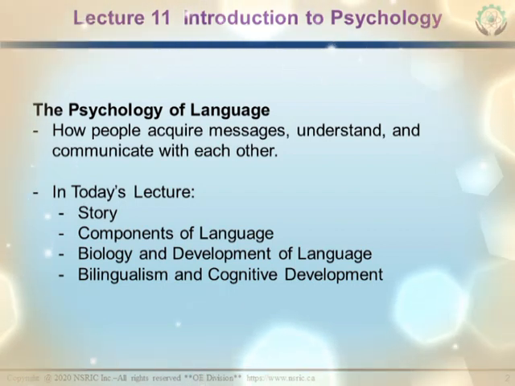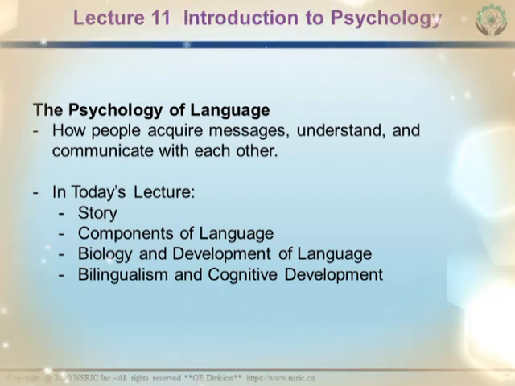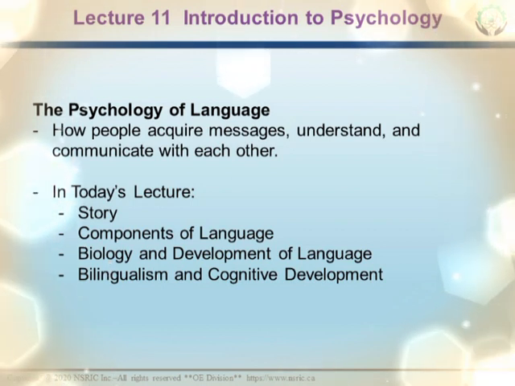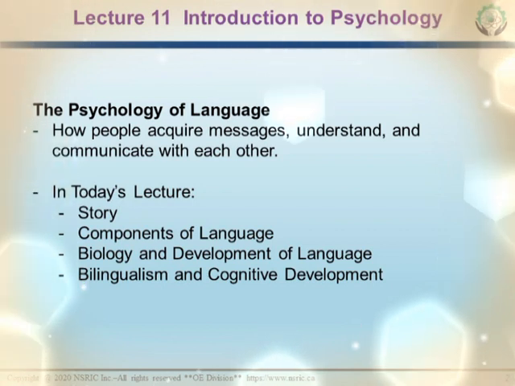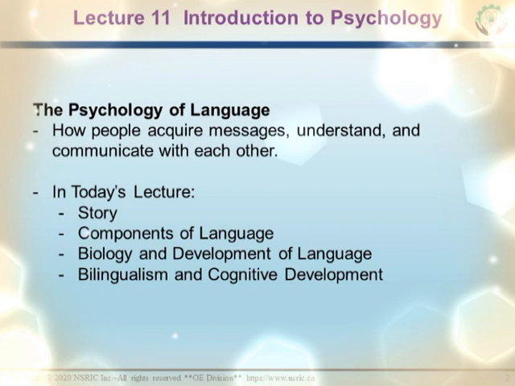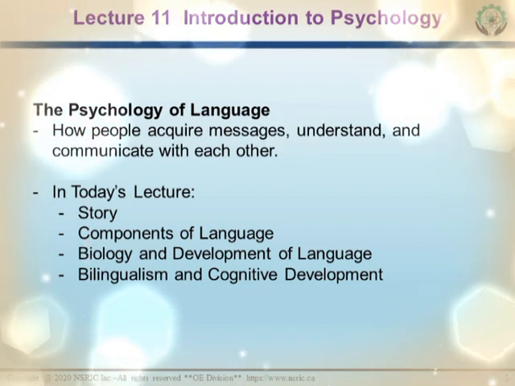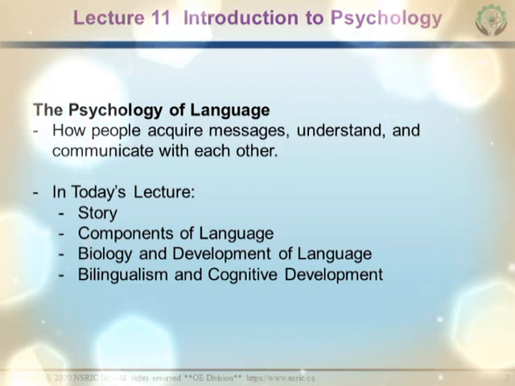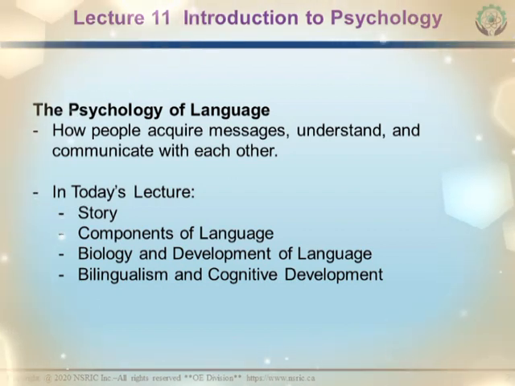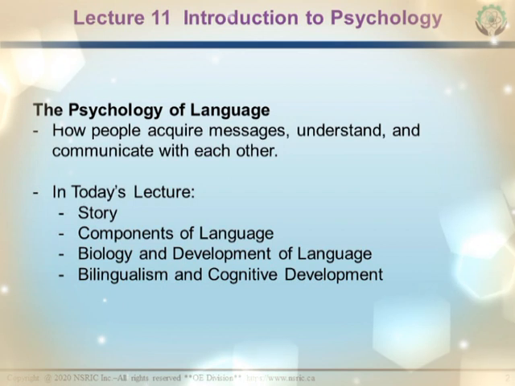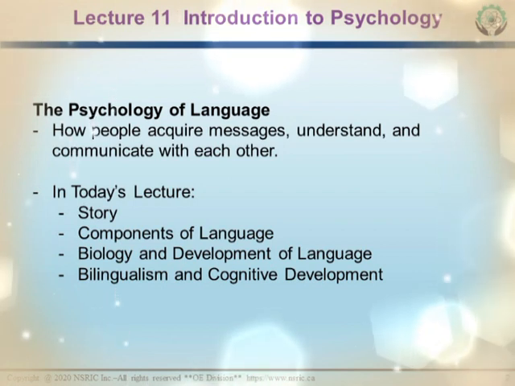And Jeannie's isolation until the age of 13 meant that she had missed out on the critical period for language acquisition. Therefore, her case presented an opportunity to study whether it is possible to develop language after missing this critical period. With so much interest in her case, the question became, what should be done to help Jeannie?